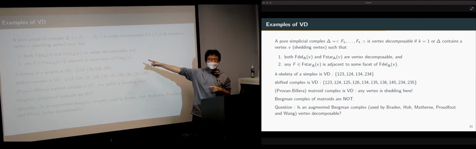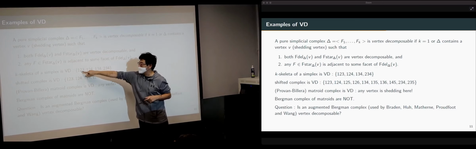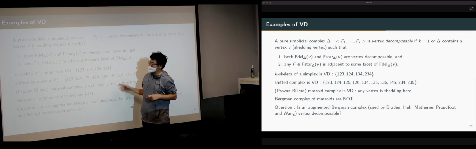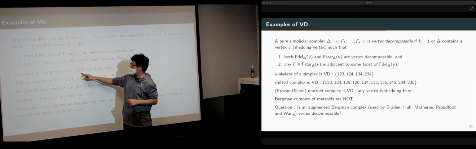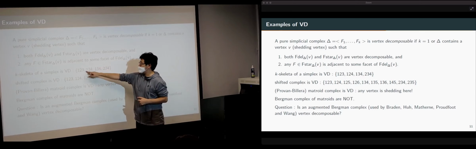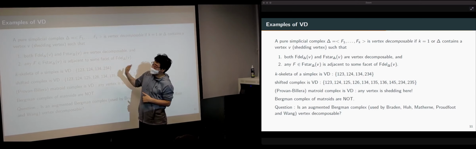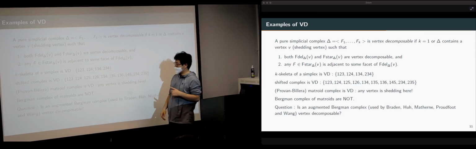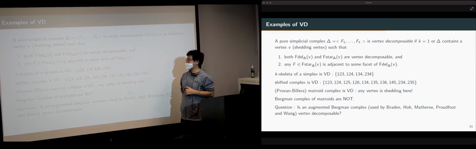So 1, 2, 4, 1, 3, 4, 2, 3, 4 are all adjacent to 1, 2, 3, and hence the gluing condition is satisfied. And moreover, this just has one facet, so that is vertex decomposable. And now from over here, you again pick a vertex, decompose, and check that it is vertex decomposable. So the skeleton of a simplex is vertex decomposable.